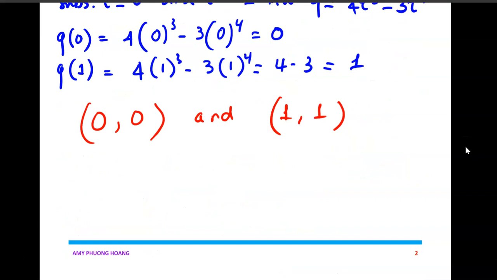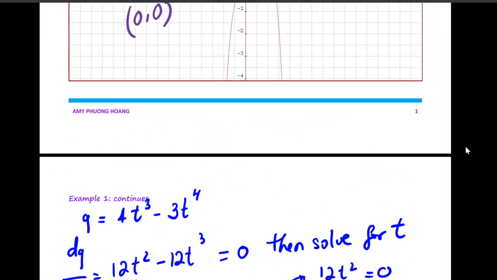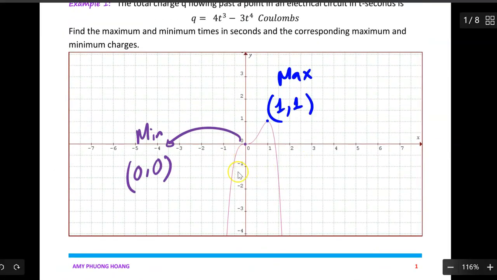Practically, we can just compare the value 1, 1 and the value 0, 0. That means the maximum occurs at time equal to 1, with the amount of charge equal to 1, and the minimum occurs at time equal to 0, where the charge is also equal to 0.